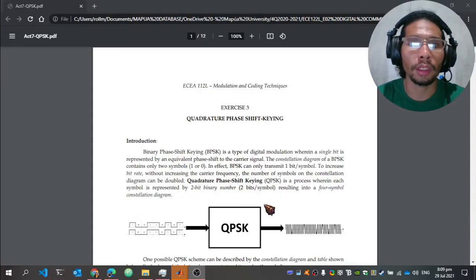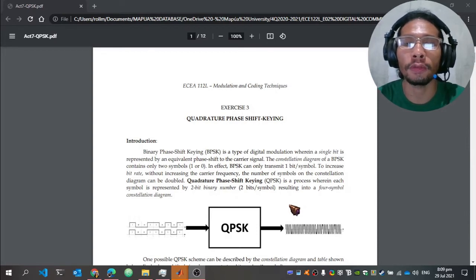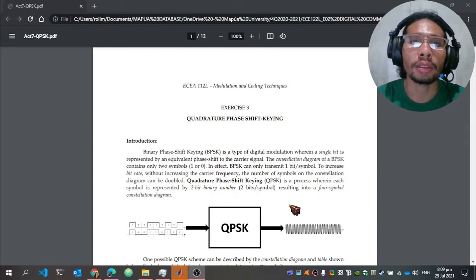Hello everyone, my name is Martinez, and this is a video demonstration of the activity 7 in ECE 122 section E02. The activity is to simulate the block diagram of the quadrature phase shift keying, or the QPSK.